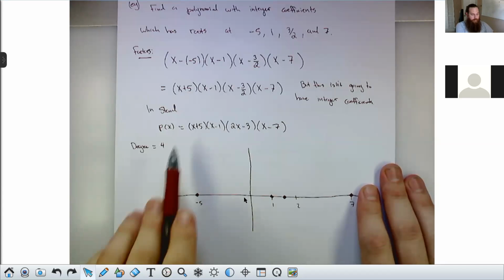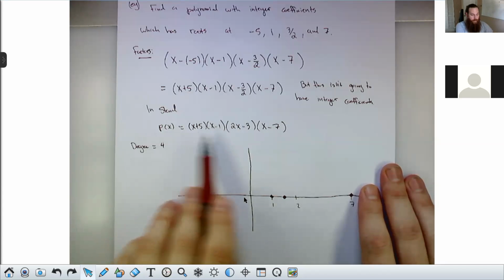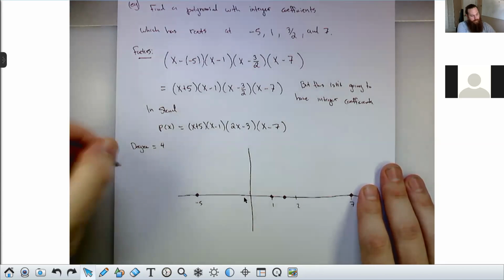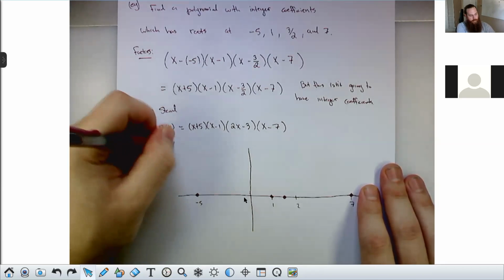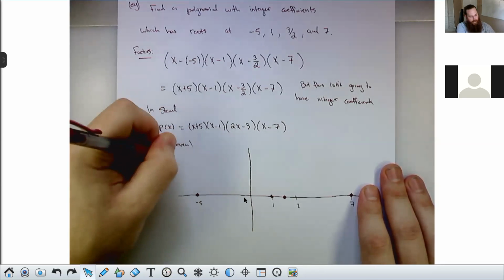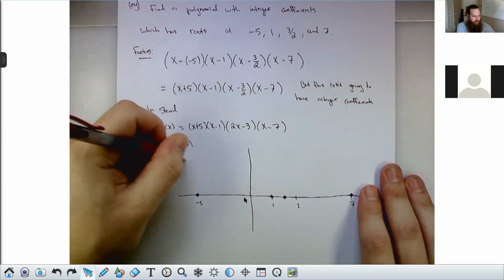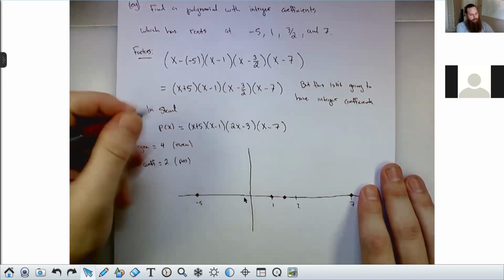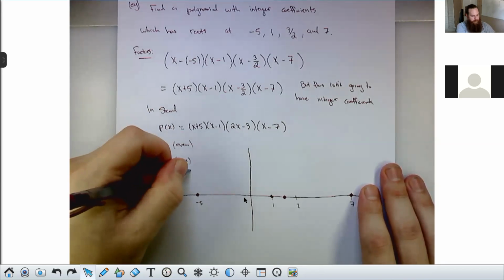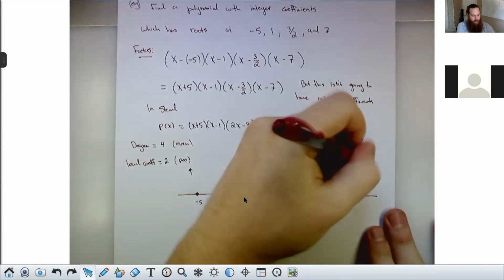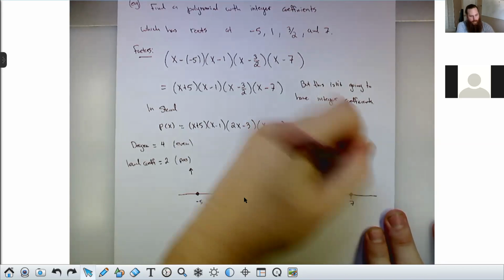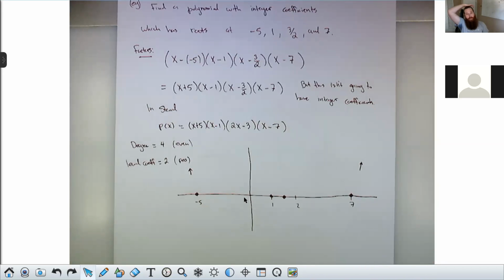I know that I would have at the very front 2x to the 4. So the lead coefficient is 2. So the degree here is even, and the lead coefficient is positive. So I know that my arrow on the left is going to go up and my arrow on the right is going to go up because that's the end behavior.